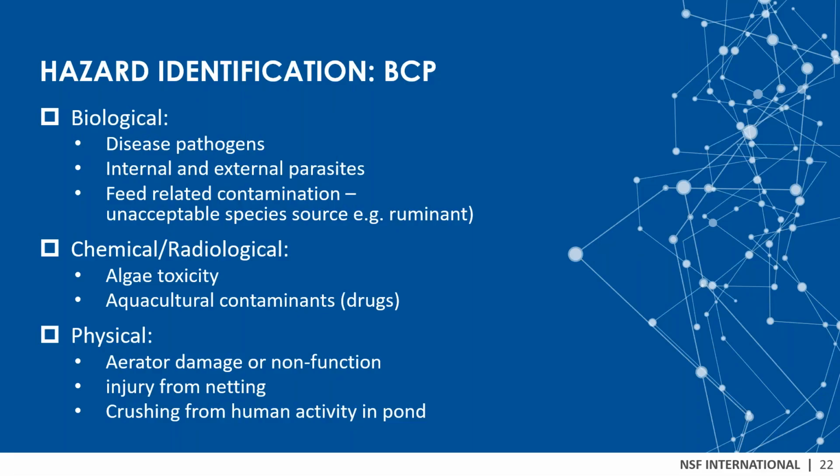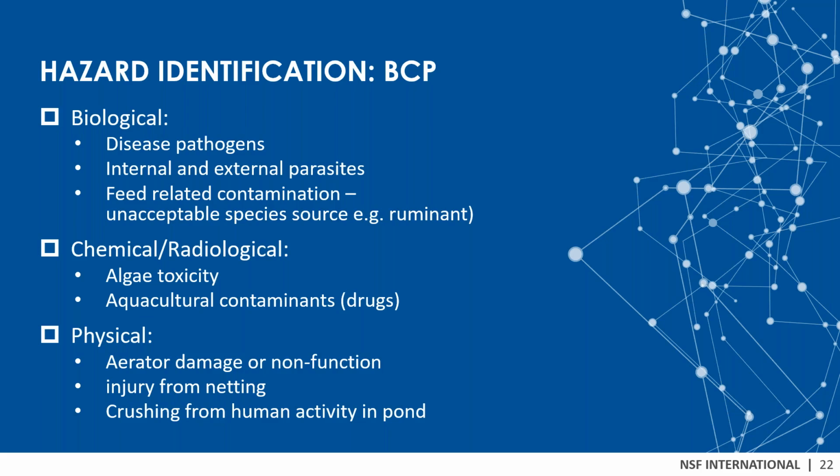So again, you could use the BCP. Biological obviously would include things like the disease pathogens, parasites, and any feed-related contamination of sorts. Or if it's an unacceptable species source and so forth. Chemical and radiological could include things like algae toxicity or contaminants that are coming into the system.